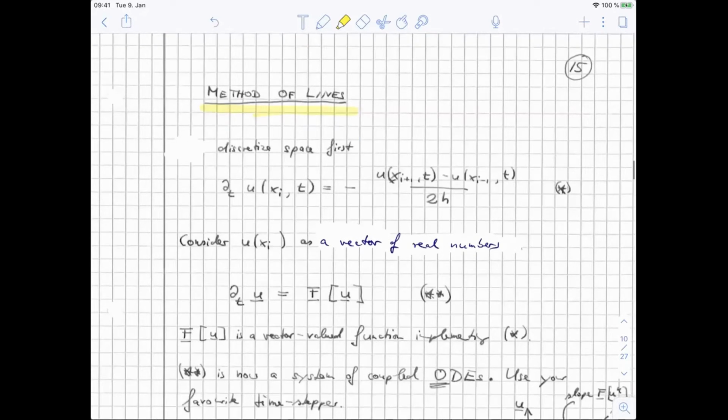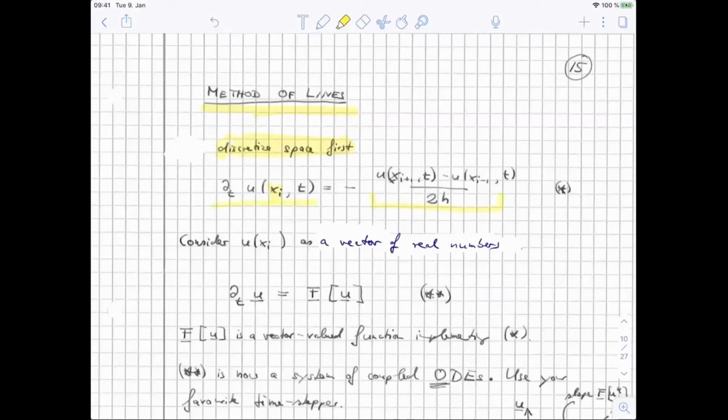The idea here is to discretize space first, and only space, and keep time continuous. In this particular case, the left-hand side of the advection equation still has a partial derivative with respect to time, however, evaluated at the discrete grid points only. And the right-hand side is already discretized, the spatial derivative, into a finite difference stencil.